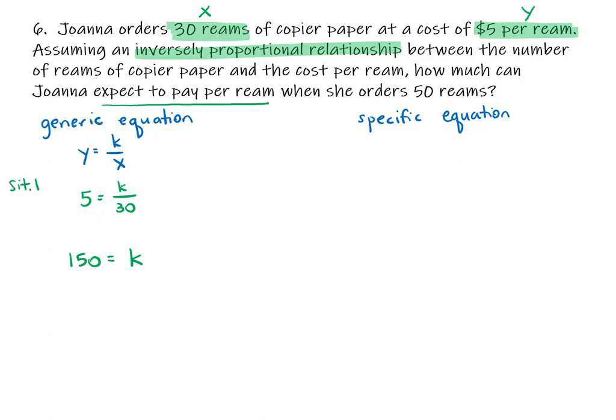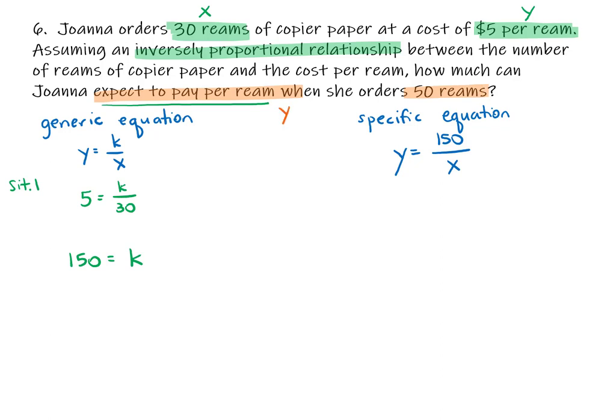I'm now going to rewrite my equation, specifically using k is equal to 150. So I'm going to say y is equal to 150 over x. Now looking at this equation, we're asked how much can she expect to pay. So we're asking how much is her y when she orders 50 reams. So that's her x.